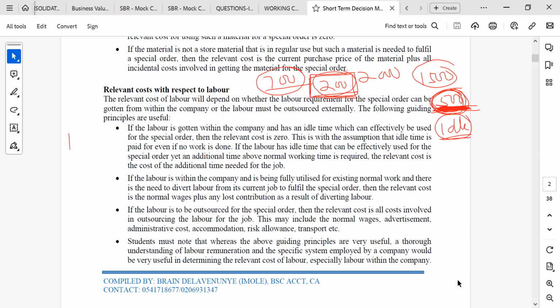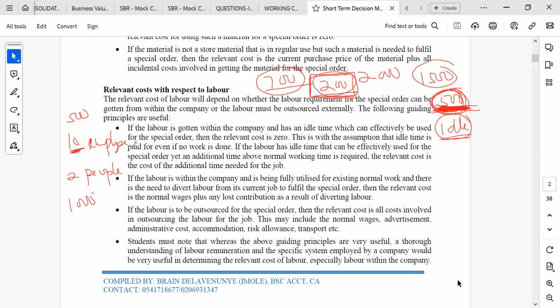So if you have 10 employees, you are paying each of them 500 cedis. Okay, now there is a contract. So you are transferring 2 people to that place. It means that these 2 people will not be doing their normal work.